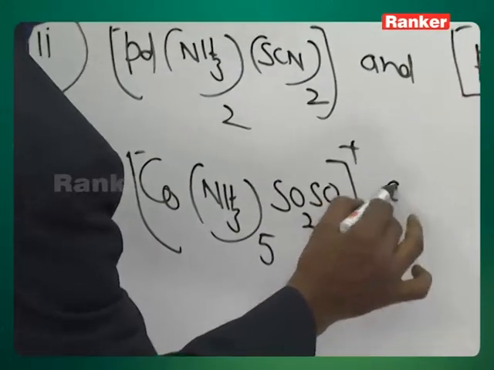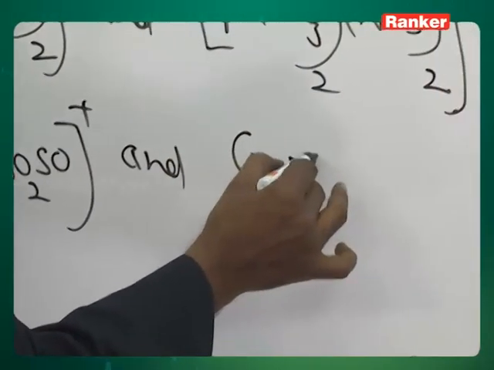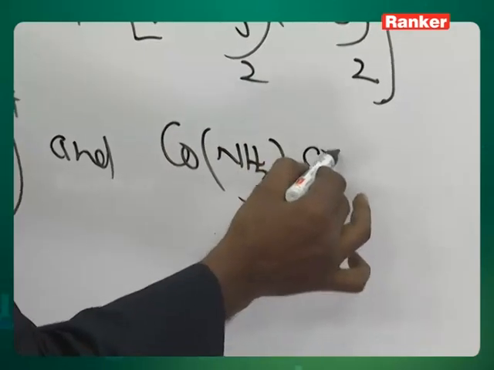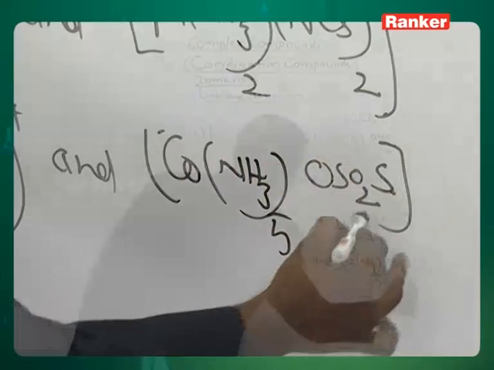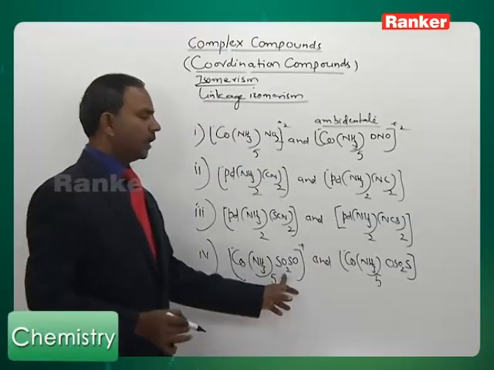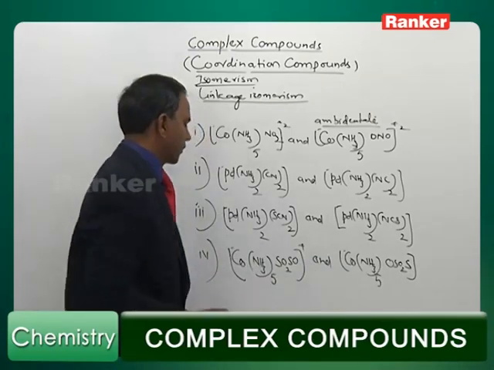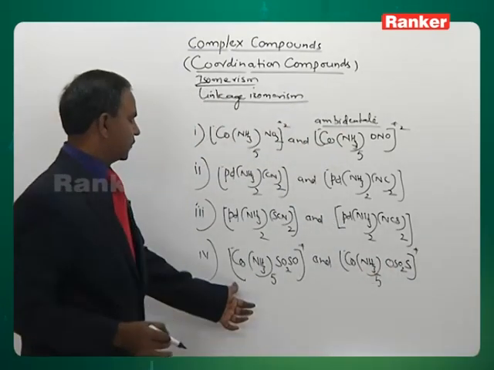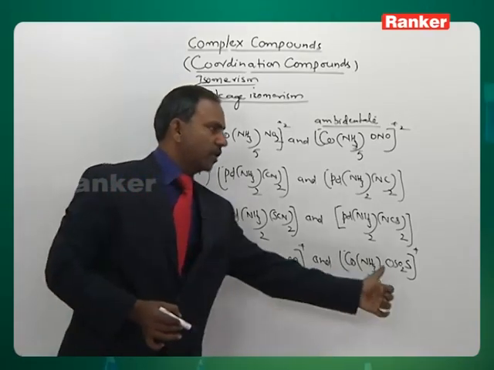Next one you can write Co(NH3)5 with O SO2 S. This particular thiosulfate ligand is linked through the sulfur atom in one case, and through the oxygen atom in the other. Put a plus charge here to balance the charges. This is thiosulfate of S, this is thiosulfate of O.